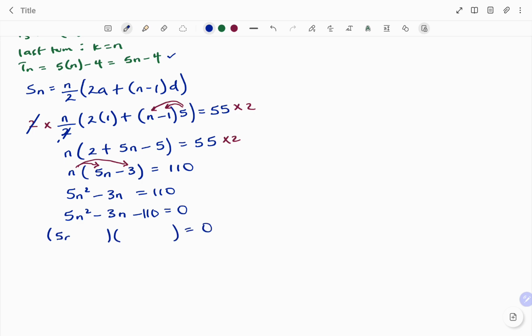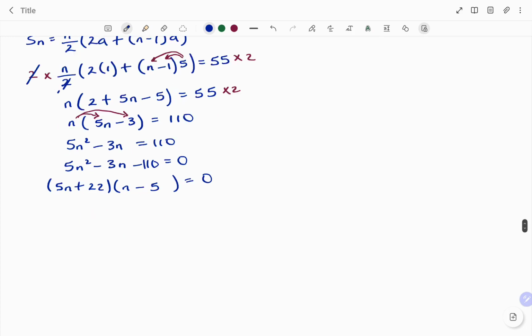In two brackets equal to 0, I have 5n plus 22 multiplying n minus 5. So to solve this, it means I have 5n plus 22 equals 0, or n minus 5 equals 0. To solve, I have 5n equal to negative 22, so n equals negative 22 divided by 5.